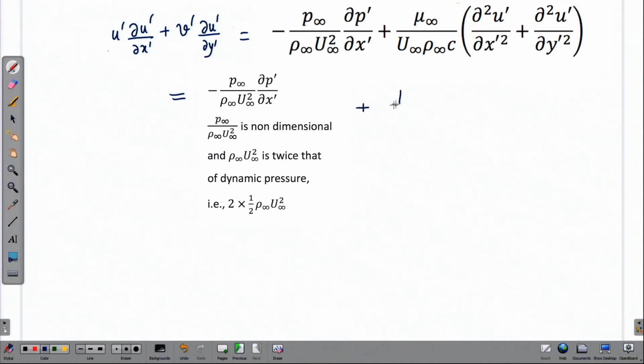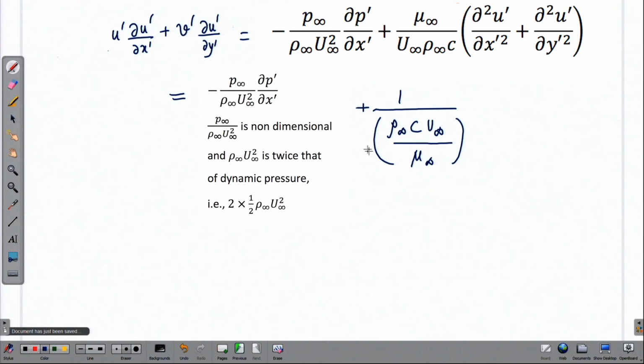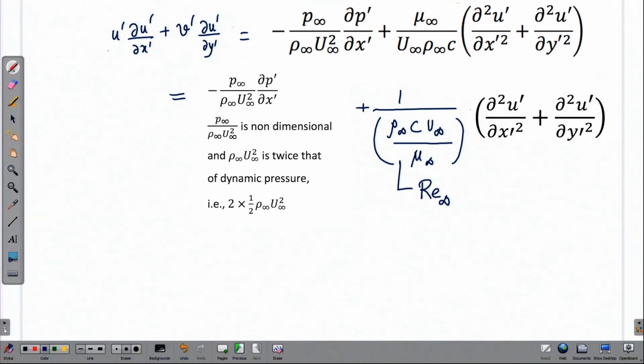What do you have over here? This is a very, very important term in fluid dynamics. This is what we call the Reynolds number, and because it is dependent on the free stream values, we call it Re with a subscript infinity.